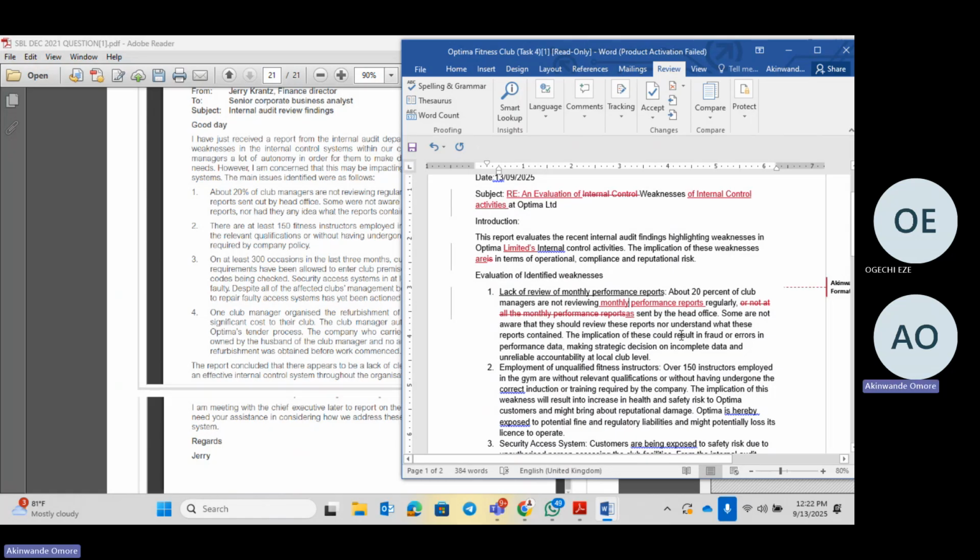Neither are some aware that they should be reviewing, neither are they aware that they should be reviewing this report, nor understand what this report contains.